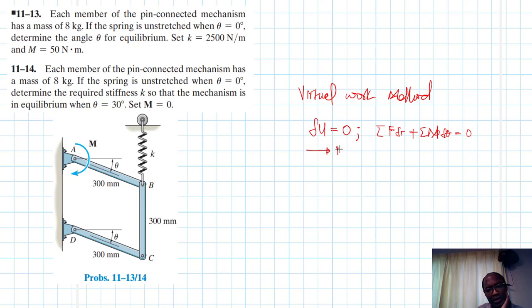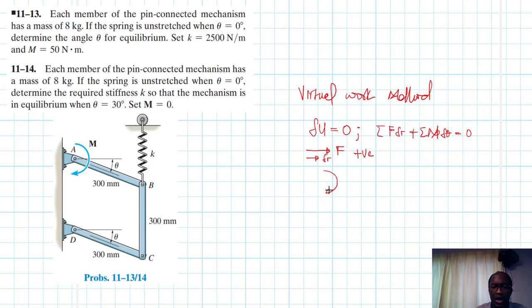So given a force F and a translational virtual displacement del R, for virtual work to exist, the two must be collinear or parallel, and if they are in the same direction, then we have positive virtual work, otherwise we have negative.